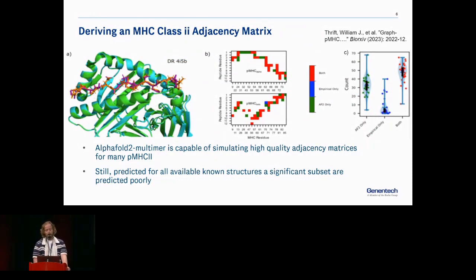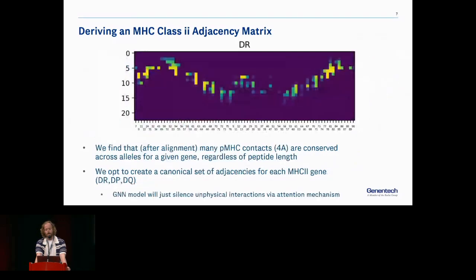And then for a subset of structures, it actually does a pretty poor job predicting. And this is on training data. And so instead of collecting a structure for every single peptide allele pair, we decided to just make a canonical adjacency matrix for each gene, DR, DP, and DQ.